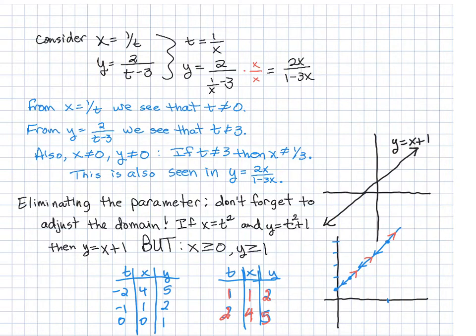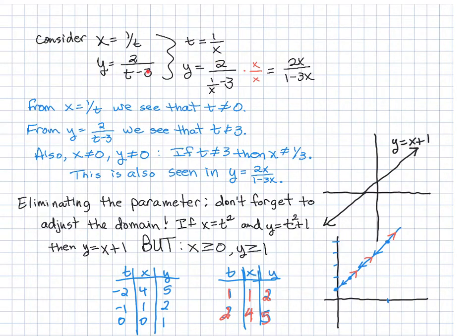Then I'm going to take this t is 1 over x and replace this t with it like this. Multiply the top and the bottom by the x, and you're going to get y equals 2x over 1 minus 3x. Now notice here that x can never be 1/3. And that fits with this too, right?